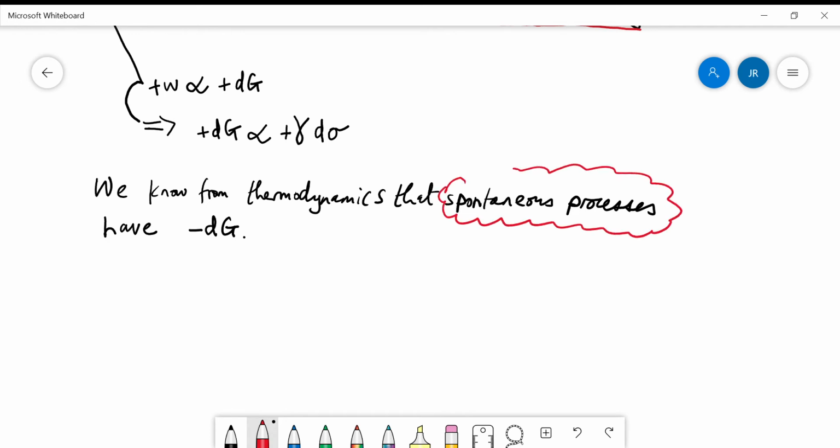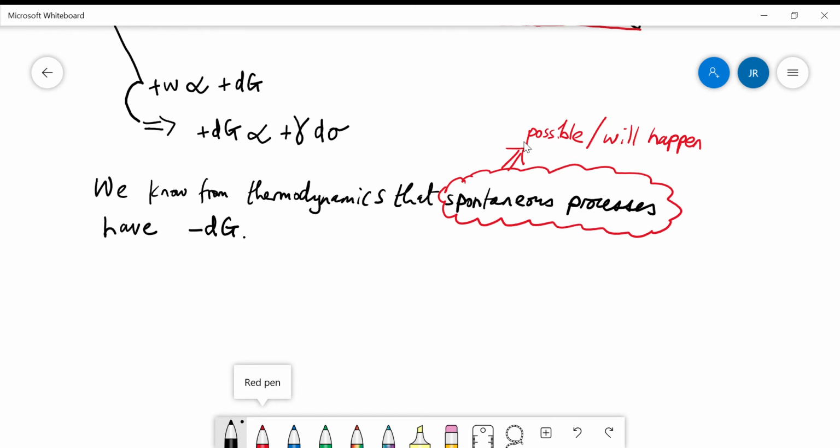A spontaneous process, I essentially mean a process that's possible, a process that will happen, independent of any extraneous pressures or forces imposed upon it. So something that just naturally will happen. That's what I mean by spontaneous. Don't know when it'll happen or how fast, but it will happen if given enough time to play out.